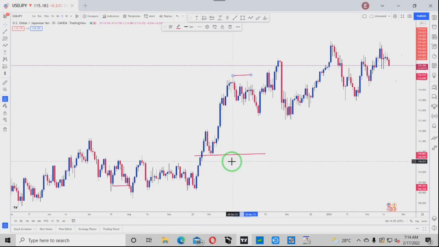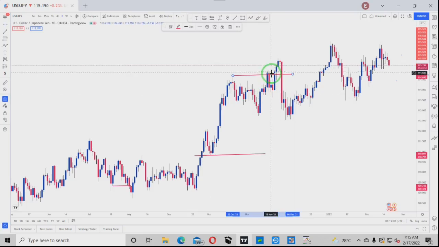So, now, this is your new higher high, and this is your new higher low. Now, take note, price has broken this structure here. Can you see? Price has broken structure again. I want you to understand. Price has broken structure. All right?